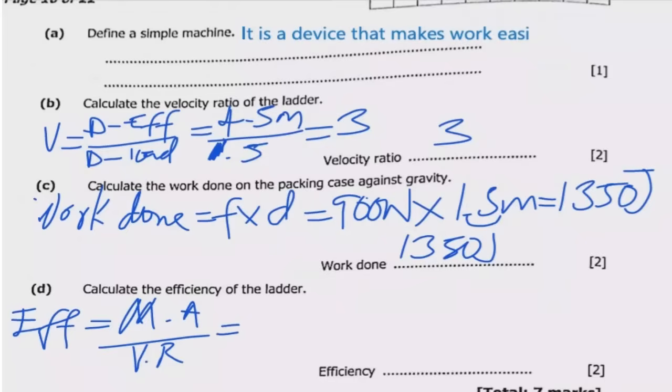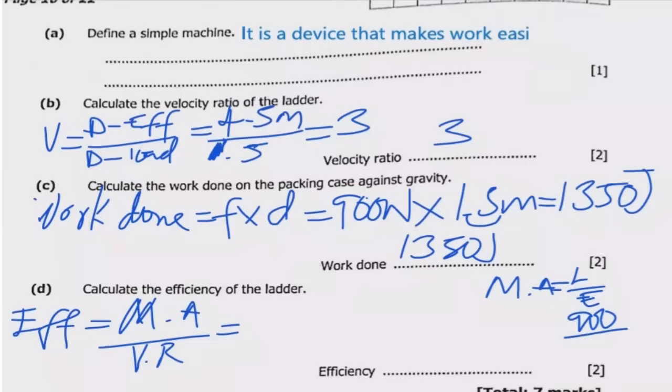Okay, so we already have the velocity ratio. What we need to do is find the mechanical advantage. Mechanical advantage is equal to load over effort. So what is the load? We know that the load is 900.